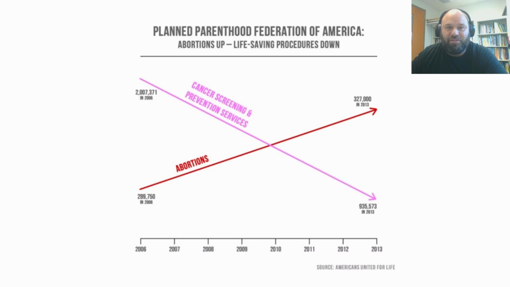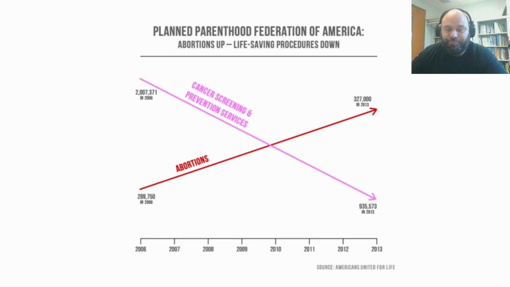For example, cancer screening and prevention services. So the person who made this graph is trying to make the argument that abortions have risen and life-saving procedures have declined over the last several years. And from the graph, it appears that abortions are a much larger portion of what Planned Parenthood does than cancer screening and prevention services.